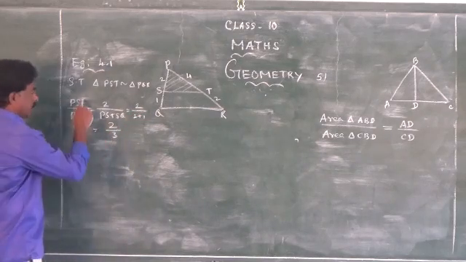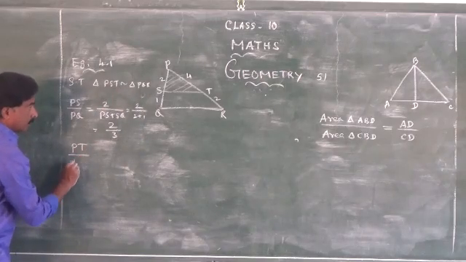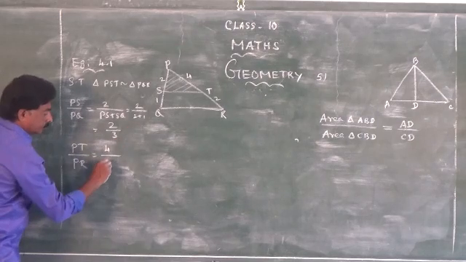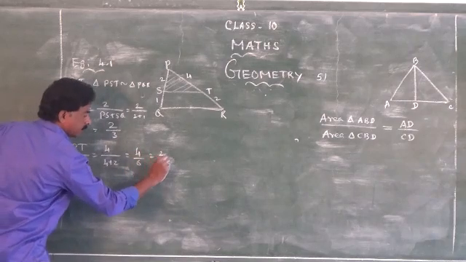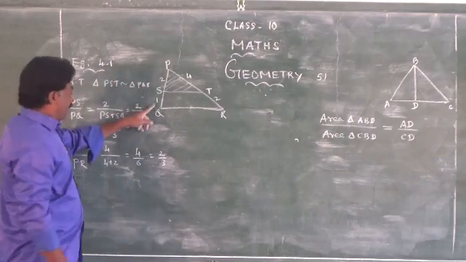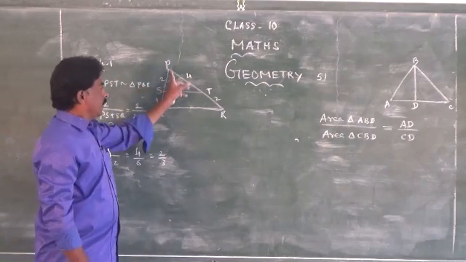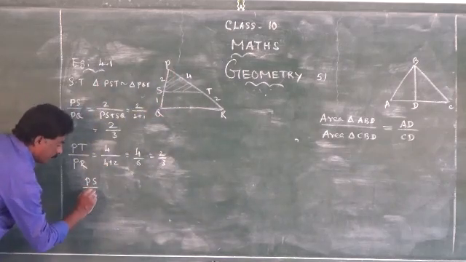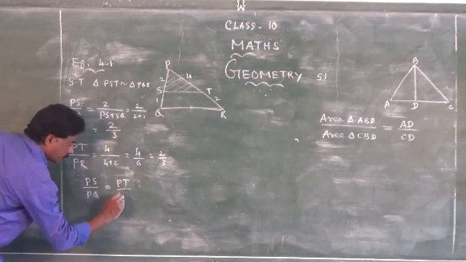In the same way, find PT by PR. PT is 4, PR is 4 plus 2, so 4 by 6, or 2 by 3. So PS by PQ is equal to PT by PR.